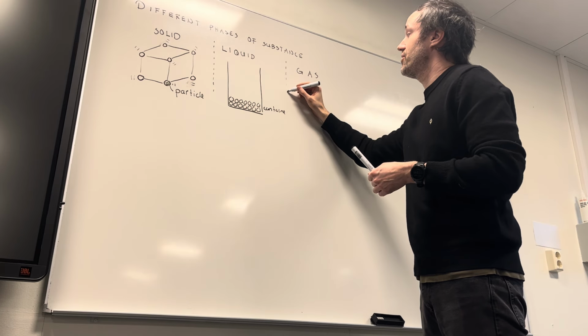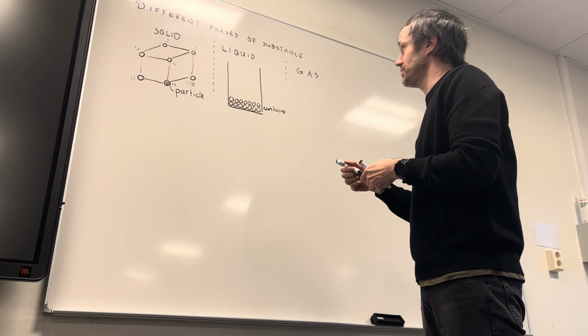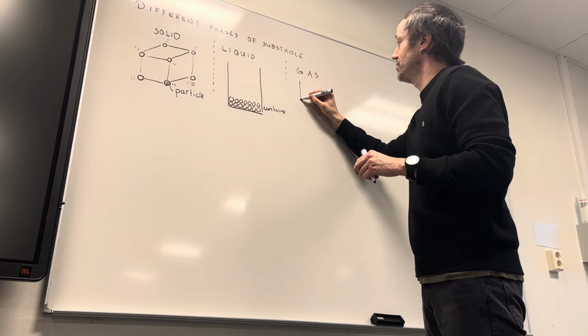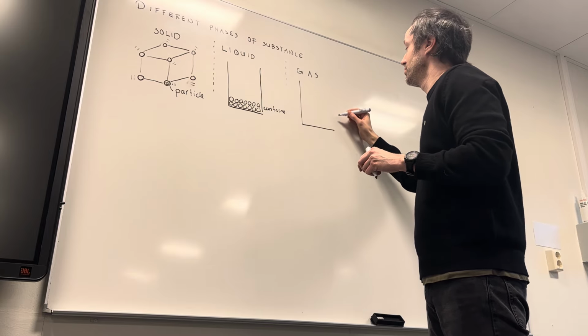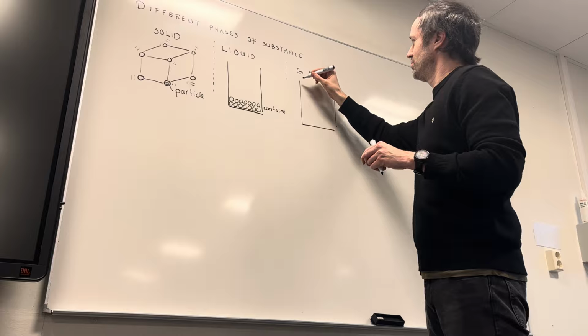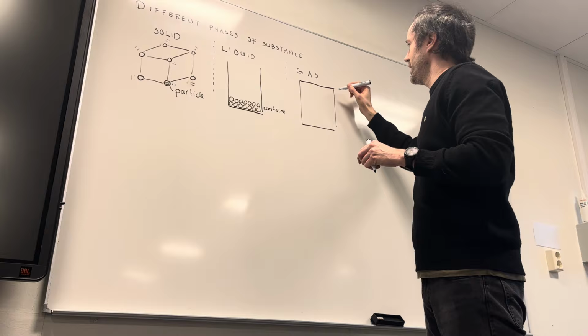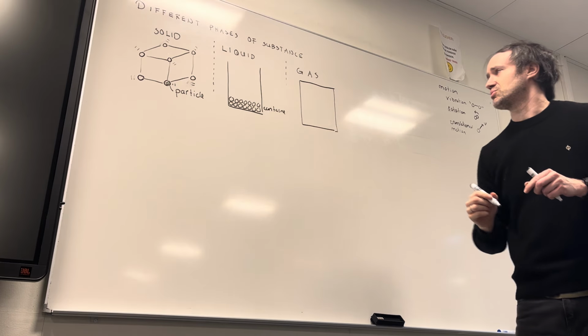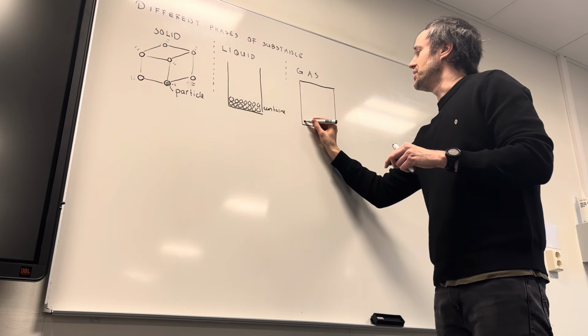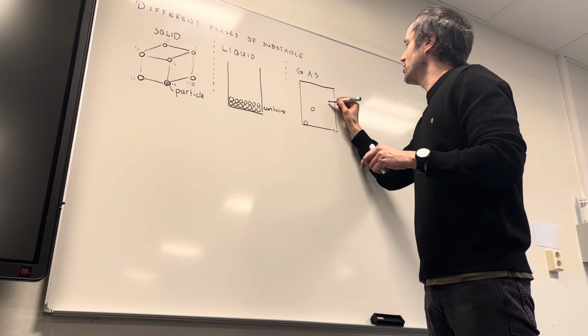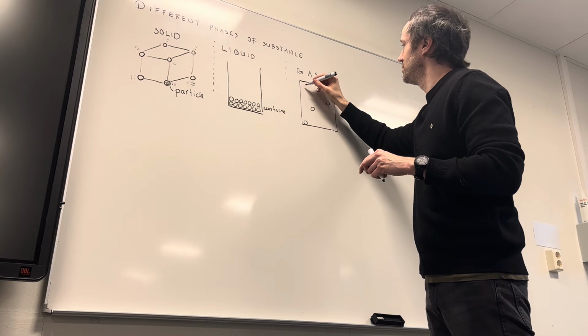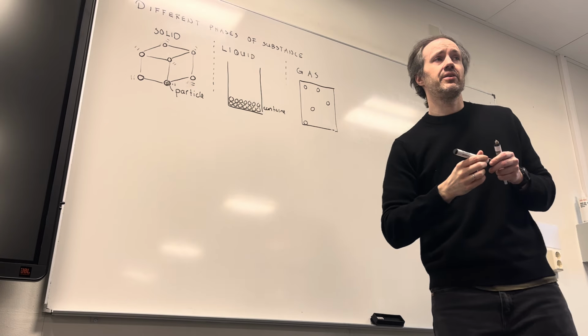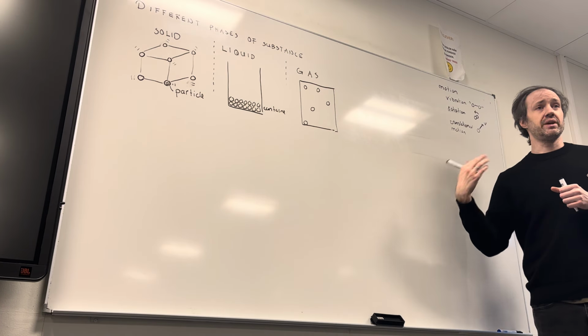And then we have the gas phase. If I don't put a lid on it, the gas will disappear. Now, the distance between the particles is much greater. That means weaker forces.